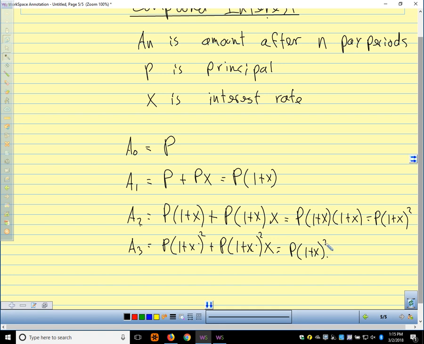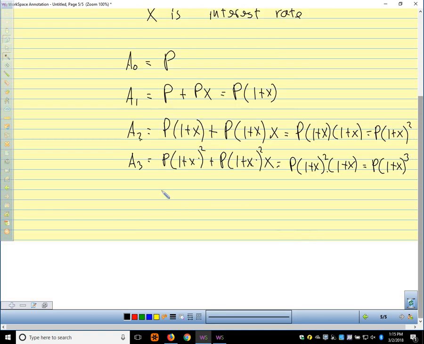And when I factor that out of this, I get a 1. And when I factor it out of this, I get an X. Well, that's P times 1 plus X to the third. Do we see the pattern? A sub n is P times 1 plus X to the n. So compound interest is exponential.